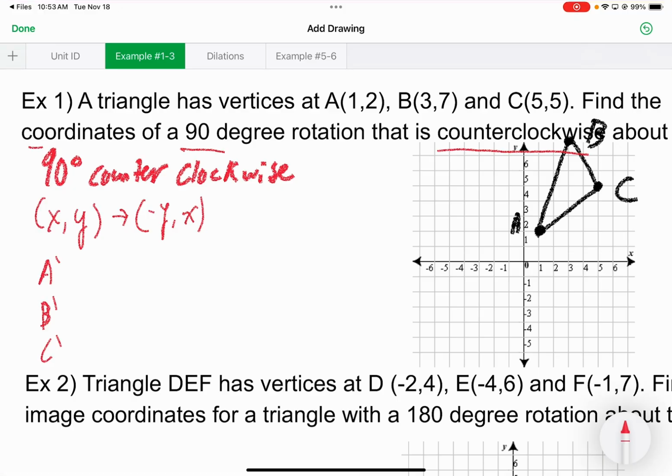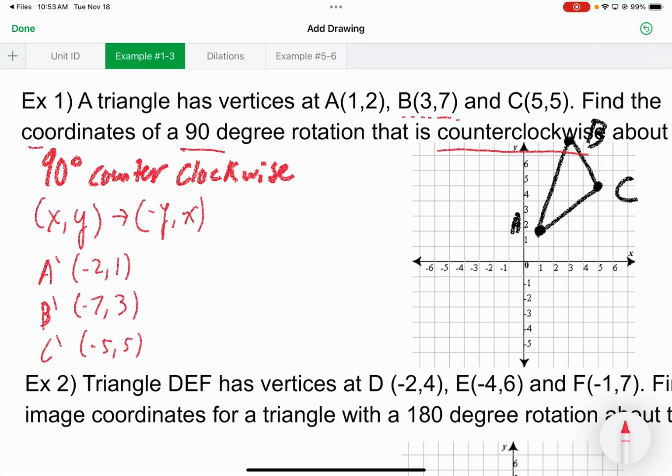Do you guys agree with Ryan? Negative 2, 1? Sounds good to me. All right, my second point is 3, 7. Someone else, what will that become? Good, Julia. All right, my last point is at 5, 5. What's that become? That's the easy one. Negative 5, 5. Good, Clark.